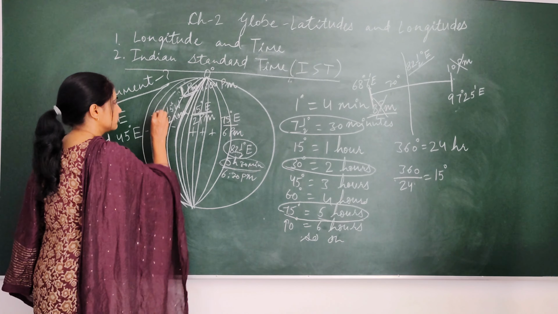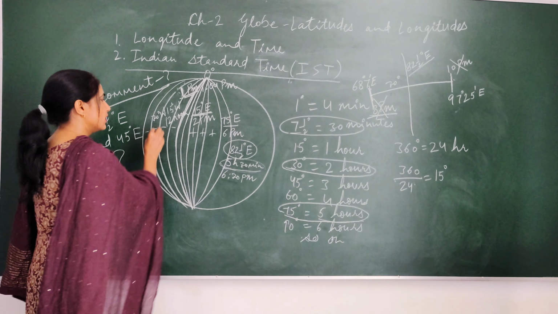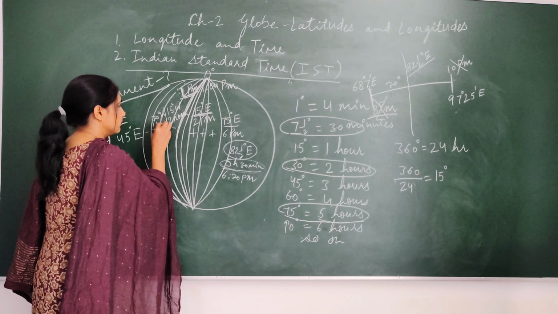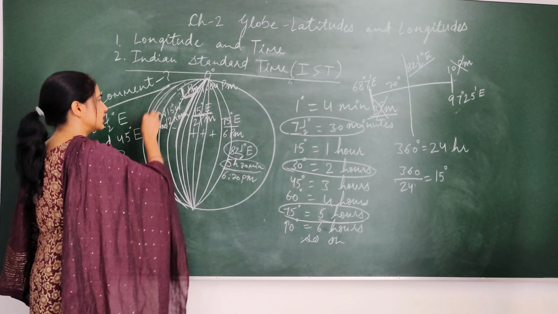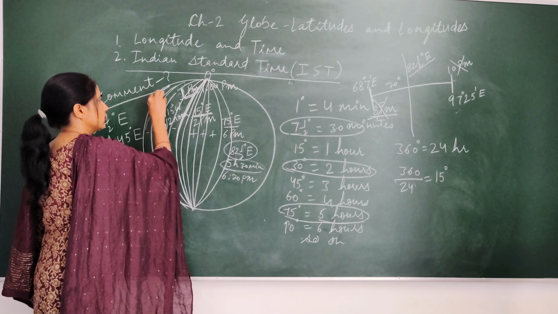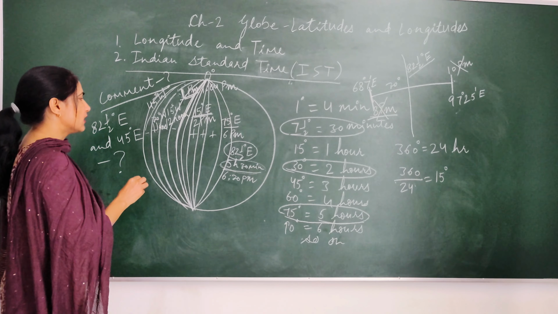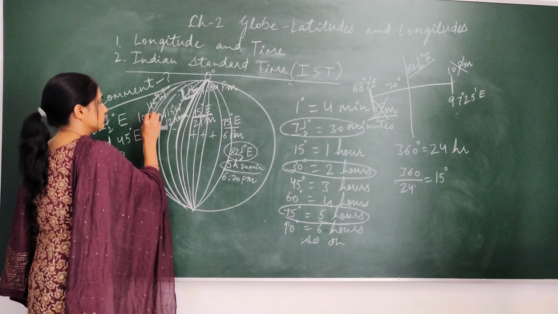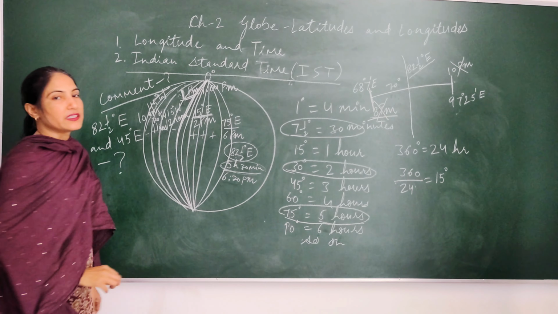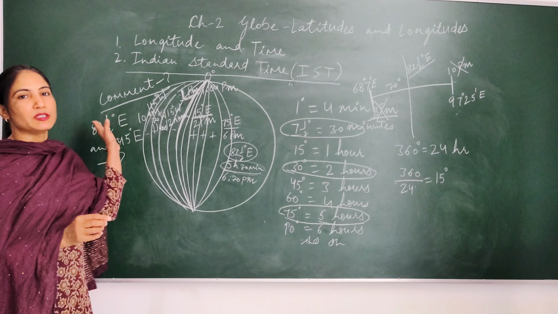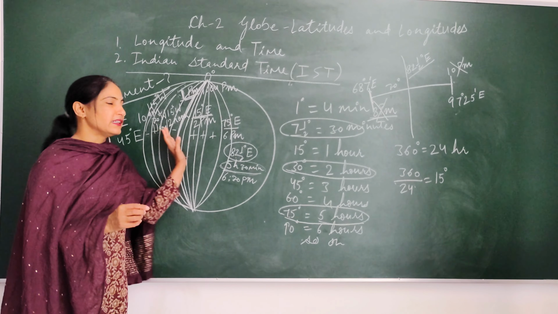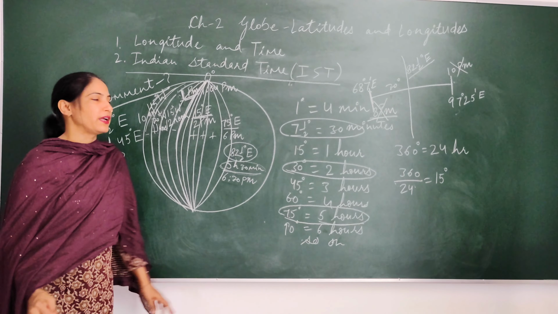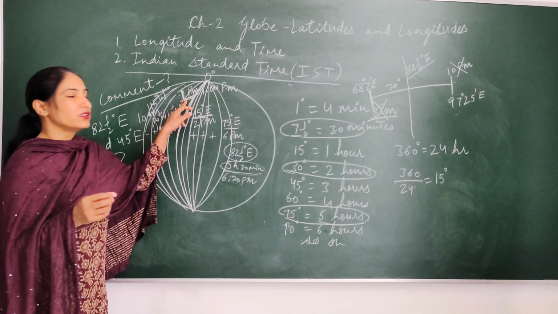At 30 degree west, the time will be 11 a.m. At 45 degree west, the time will be 10 a.m. Like that, we subtract the time in the Western Hemisphere, and in the Eastern Hemisphere we add the time to Greenwich Mean Time.